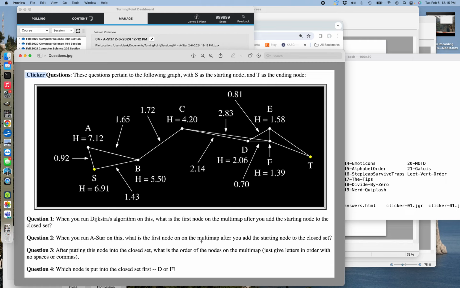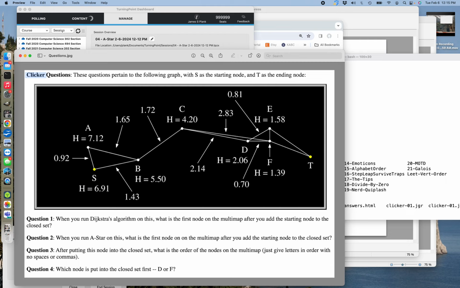Is that right? 4.22. Whereas this one is going to be 2.14 plus 2.06, which is going to be 4.20. So the answer is D. So it's hard to eyeball it. You eyeball it, it might be F, but the answer is actually D because you have to actually do the math.